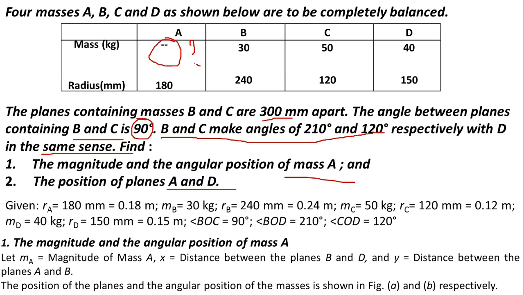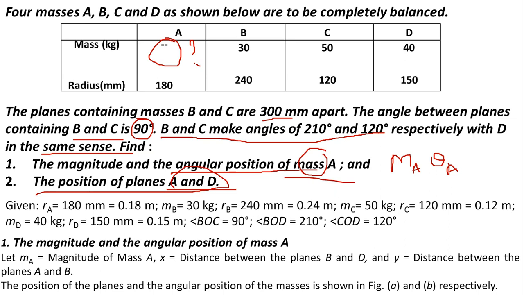Mass of A is not given, so you need to find out the value of mass A and also its angular position. MA and theta A, both you need to find out, and also the position of planes A and D is to be taken.